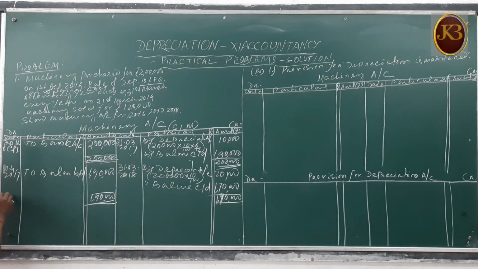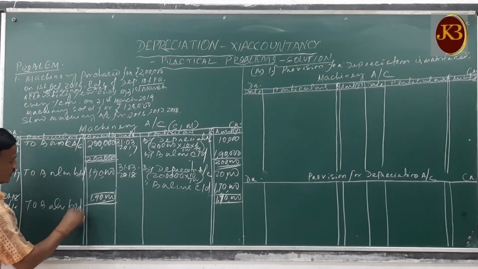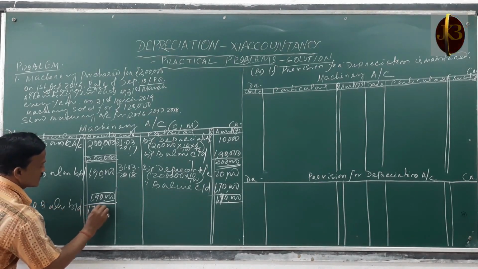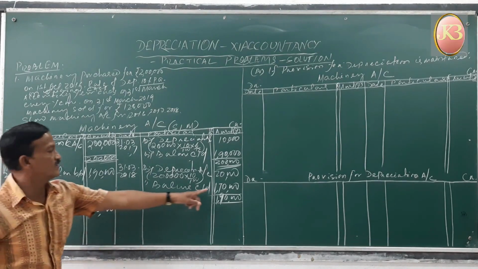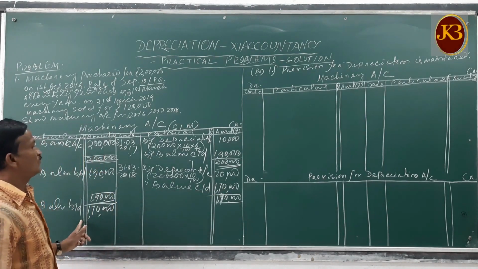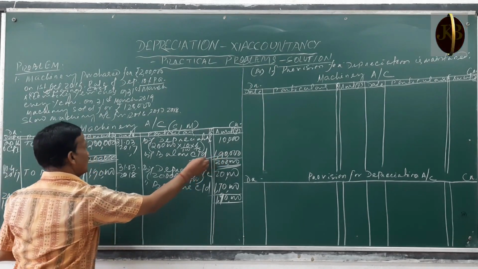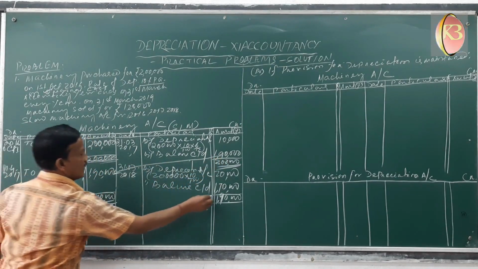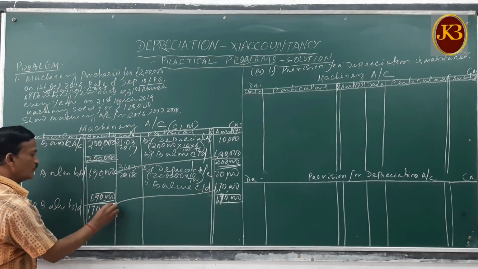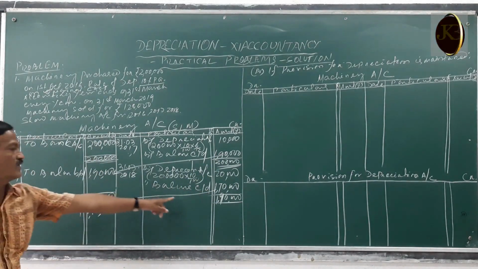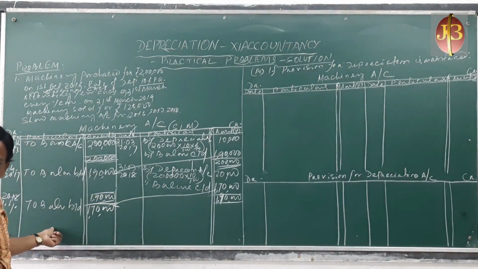Again on 1st April 2018, to balance brought down, 1,70,000. This balance is brought forward.